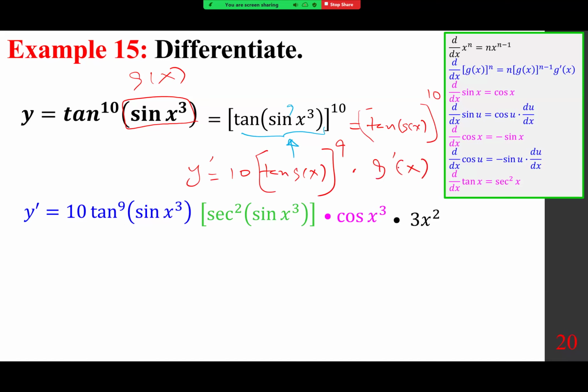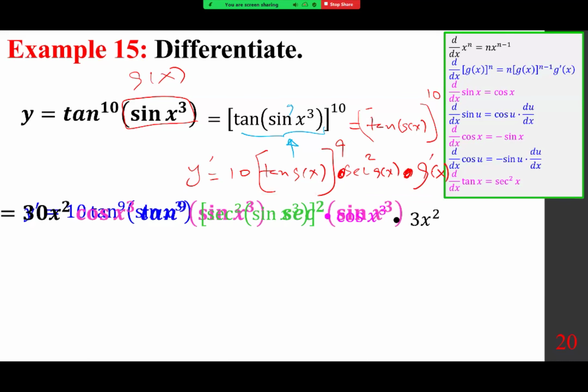And now you have to times secant squared of g of x times g prime. I thought I put the secant squared, I didn't. So if it makes it easier, you can do that. Anyways, you're done. You are going to rewrite it in the following manner.